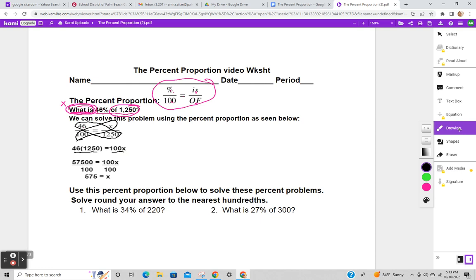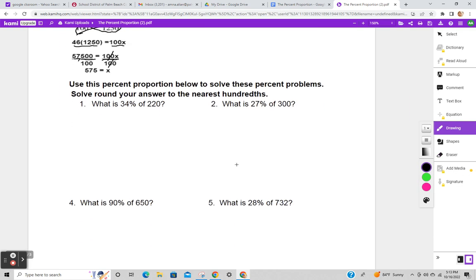Okay, we'll multiply these two values and we're going to get 57,500 equals 100x. We're going to divide both sides by 100. And this will help us solve for x. X is 575. So 46% of 1,250 is 575.